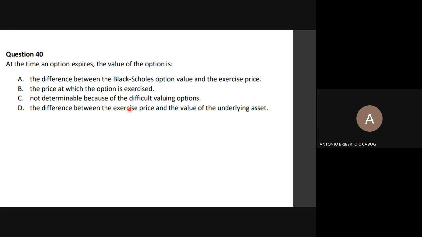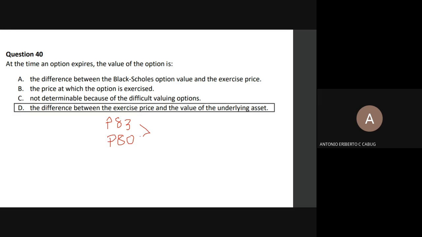So, last day na ng option, huling araw na ng option, 'di ba? Okay. Ano yung naiwan na value niya? Everyone please enter. The only value that is left is called the intrinsic value. When you exercise, magkano yung makukuha mo? Profit. Kunyari, sabihin na natin call option. You have the right to buy at a strike of 80 pesos. Currently, the asset is priced at 83. Kung bibilin mo siya ng 80, kahit halaga niya ay 83, kumita ka ng 3. We call that the intrinsic value.